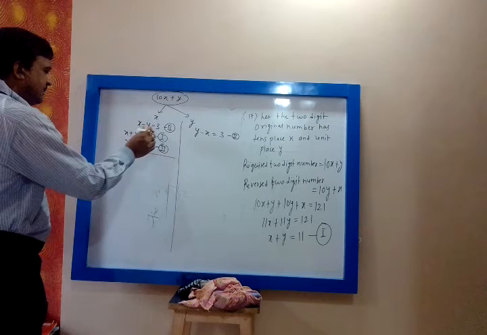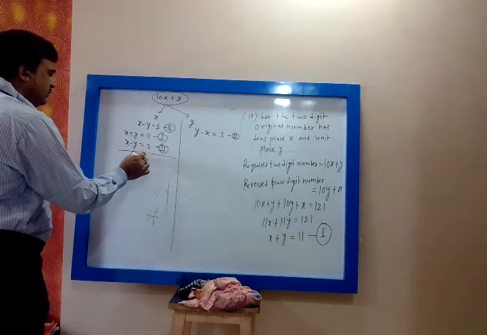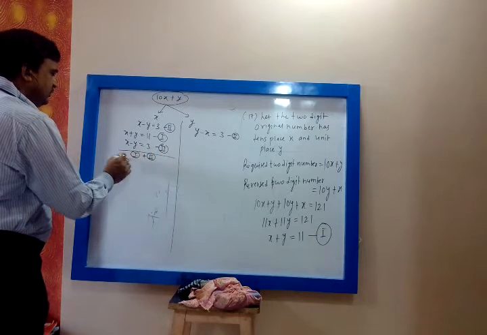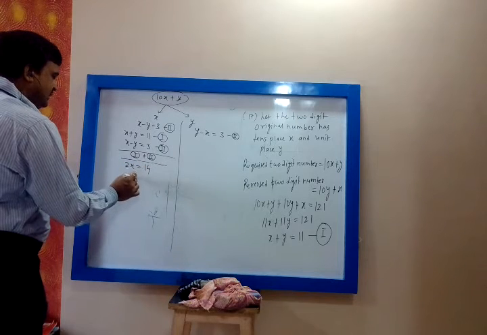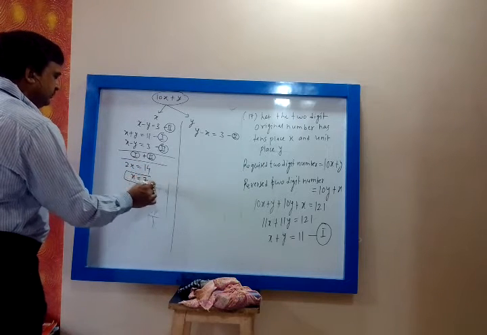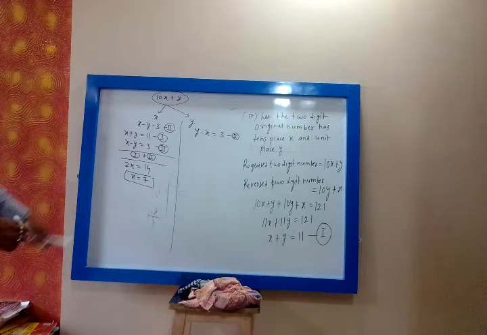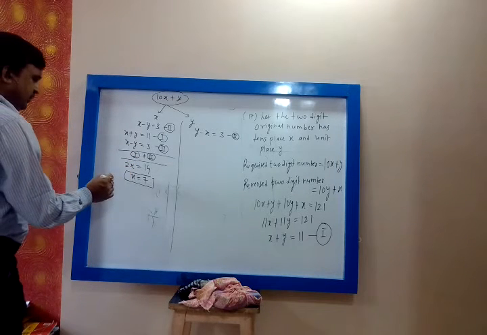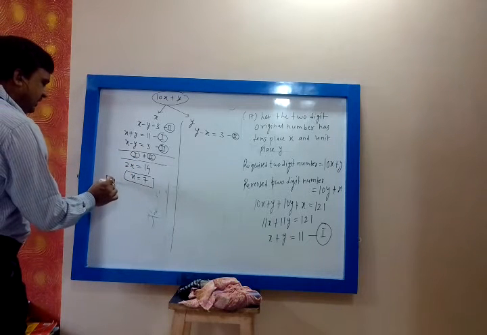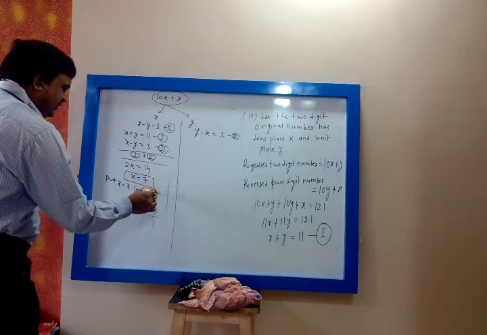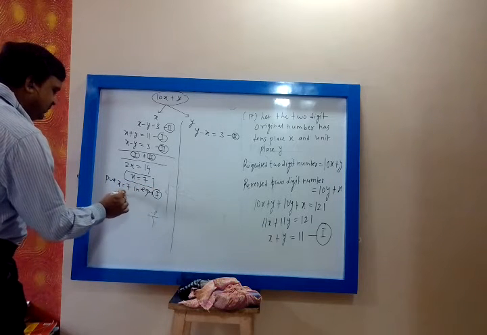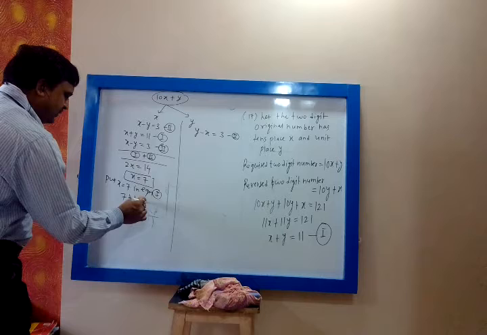Add 1 plus 2. 1 plus 2 will give you 2x is equal to 14. x is equal to 7. Then put x is equal to 7 in equation 1. What will you get? 7 plus y is equal to 11.